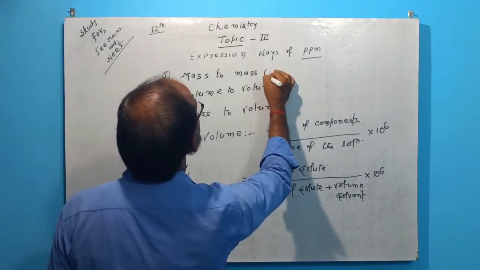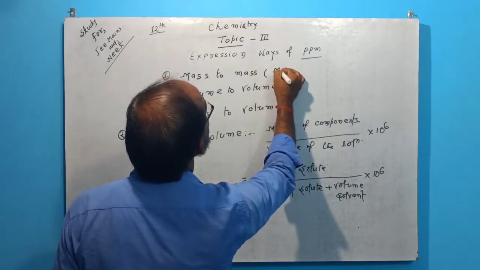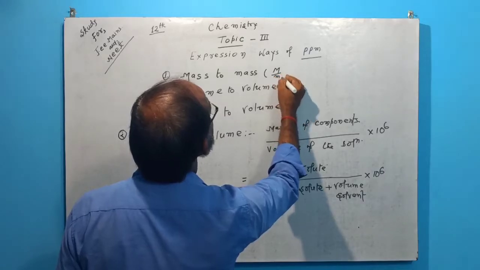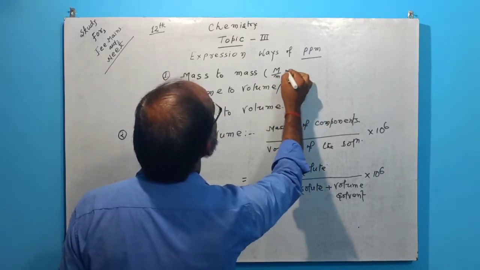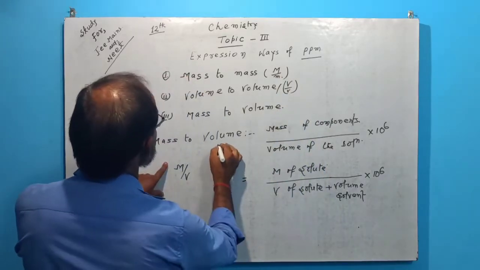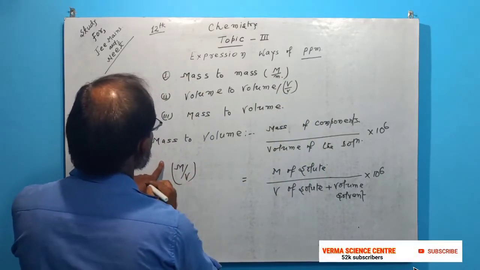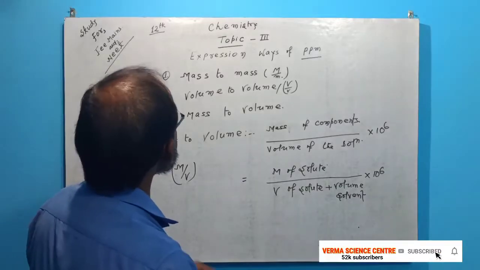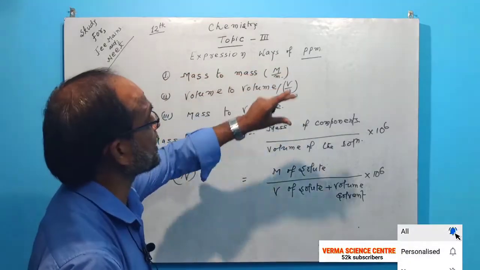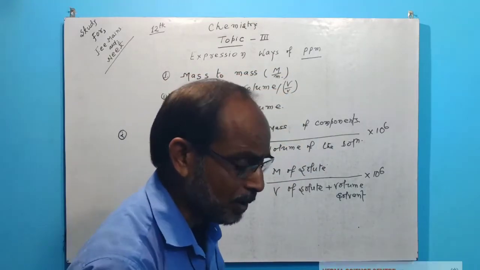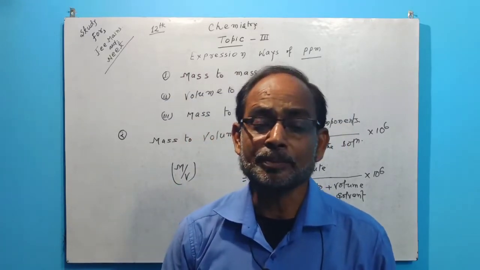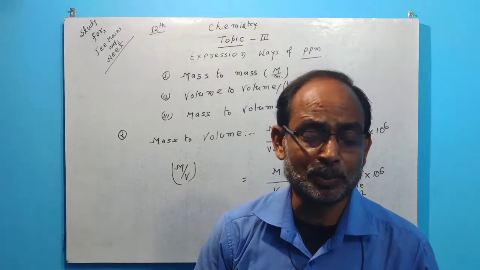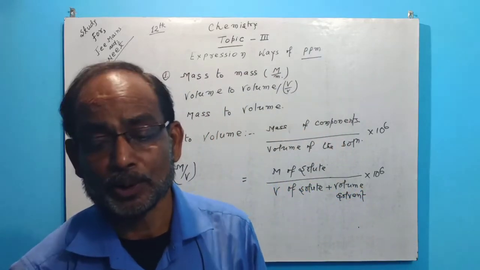This can be mass upon mass, V upon V, and M by V. These are the expression ways of the ppm of a solution, that depends upon mass to mass, volume to volume, and mass to volume.